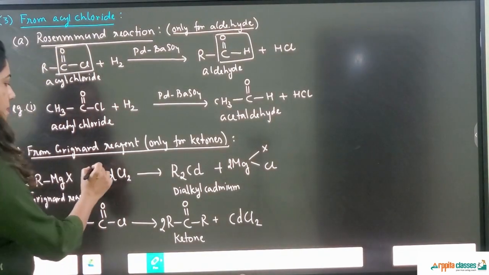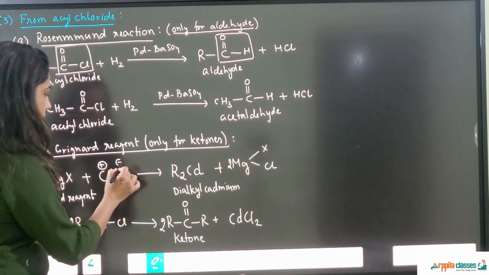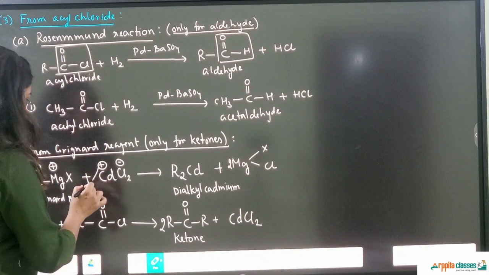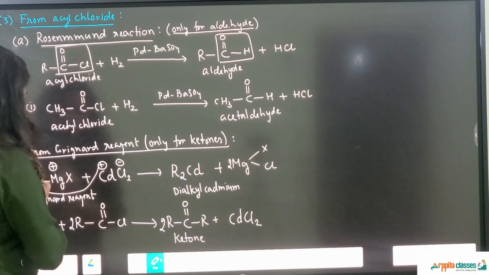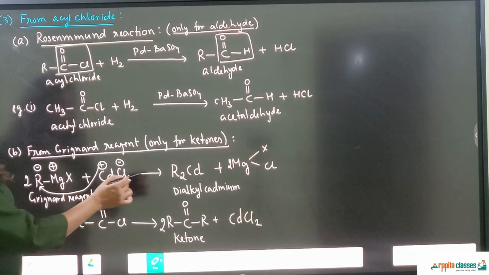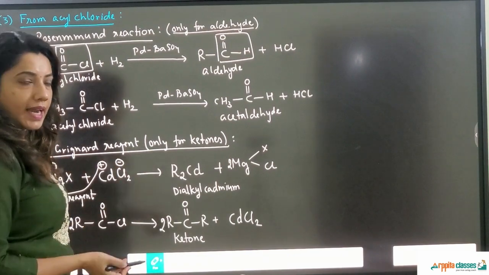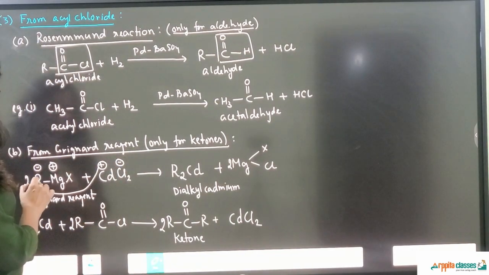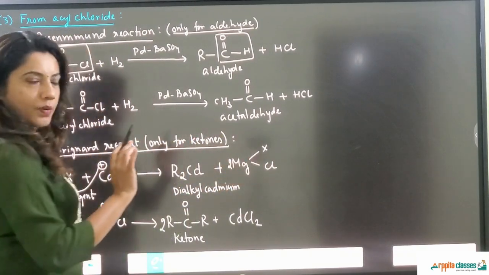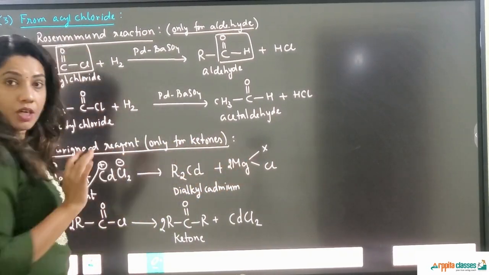Basically this is plus and this is minus here, and this is minus and this is plus here. So this plus will get added to the minus sign. Here we are taking two molecules, so you get R2Cd, dialkyl cadmium, and 2MgXCl. So this is my reagent over here.